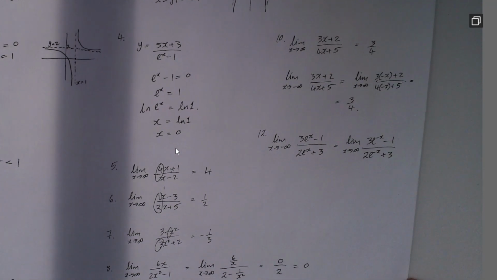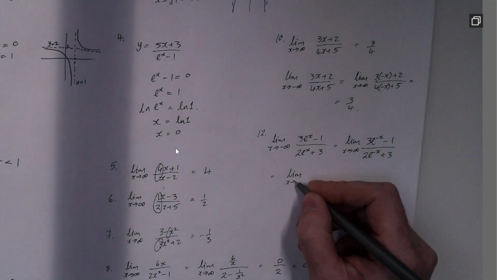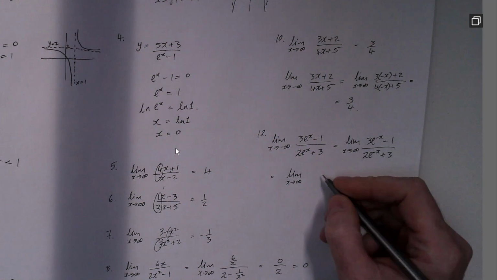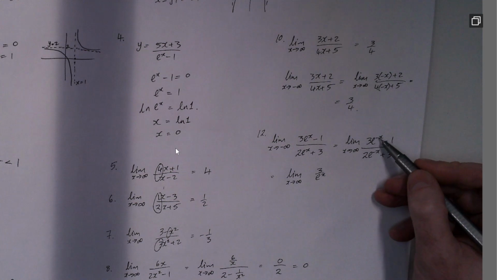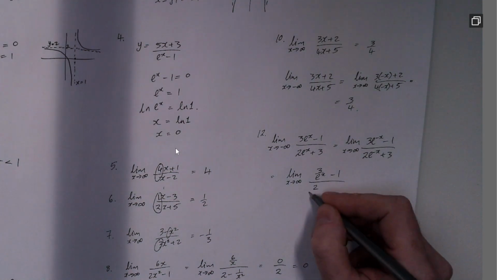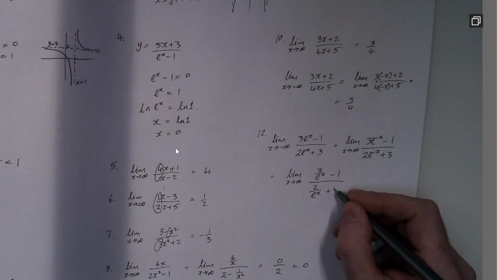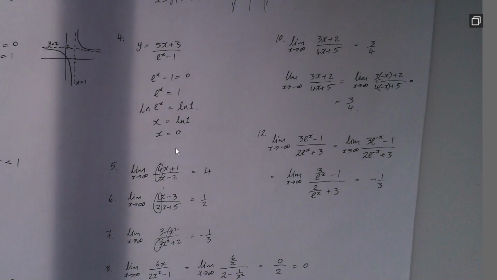Now, because it's minus x, the limit as x goes towards infinity, the 3e^x minus 1 over 2e^x plus 3. So your limit in short is minus a third.